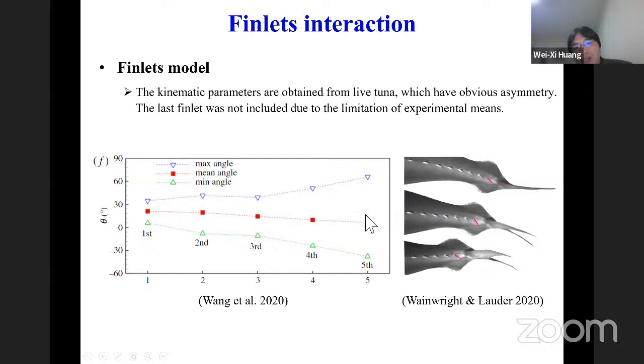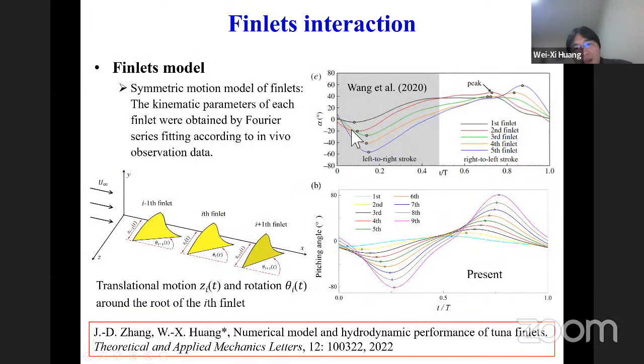Because it's from the real tuna, we have some data fitting from the real observation, and then we also made some adjustment to make the flapping symmetric about the center line. This is our fitting curve, and this is the original curve. Then we have the 9 finlets.